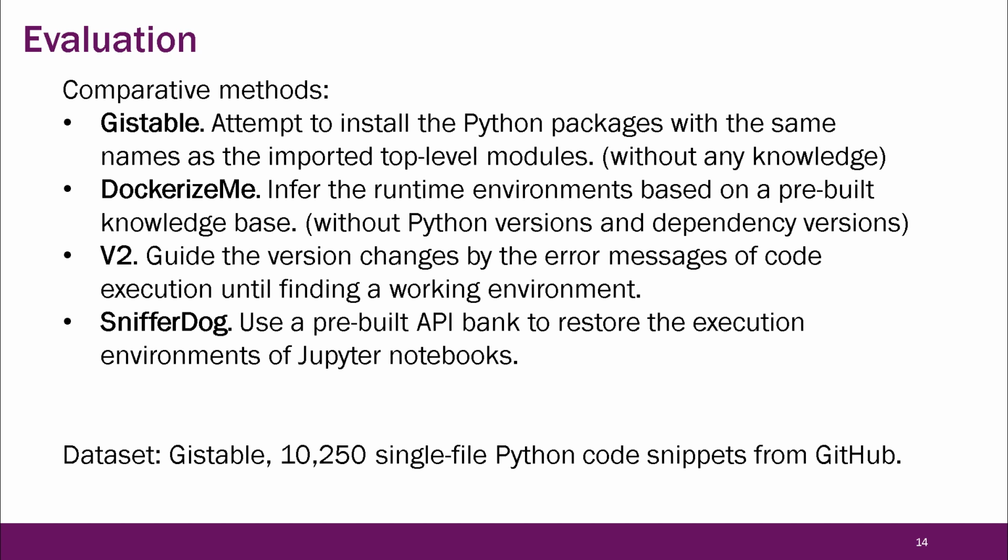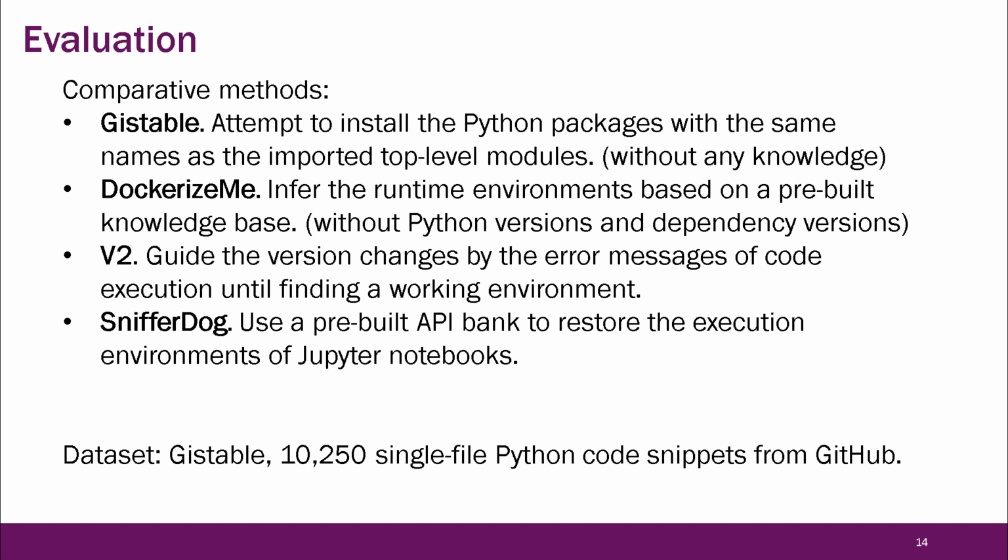In addition to our PyCRE, 4 comparative methods are assessed in the evaluations. The first is Gistable, which attempts to install the Python packages with the same names as the imported top-level modules, and does not use any knowledge. Second is Docker.me, which infers the runtime environments based on a pre-built knowledge base, without considering Python versions nor specific dependency versions.